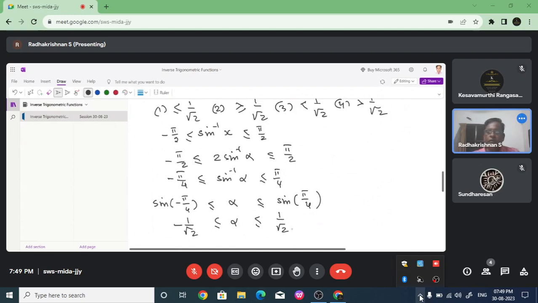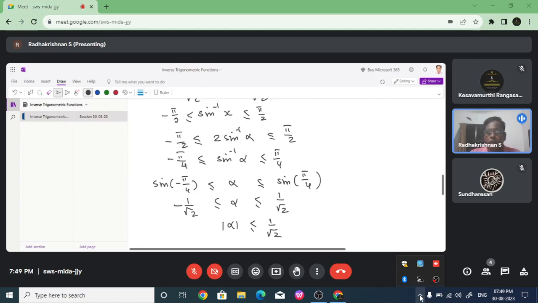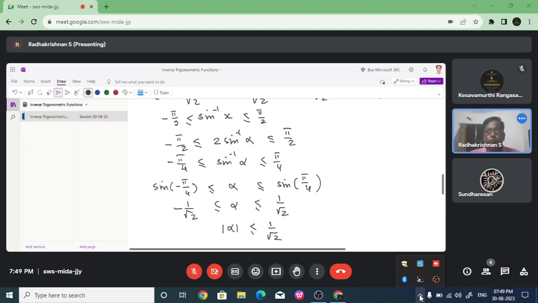Inclusive. Minus 1 by root 2 and plus 1 by root 2, both included. So that means we can write this as mod alpha less than or equal to 1 by root 2. So that is your option.